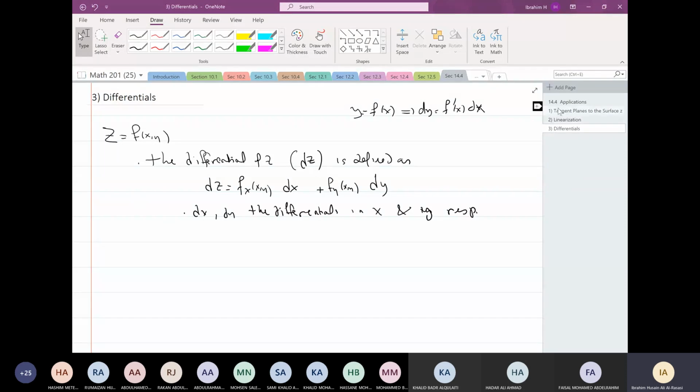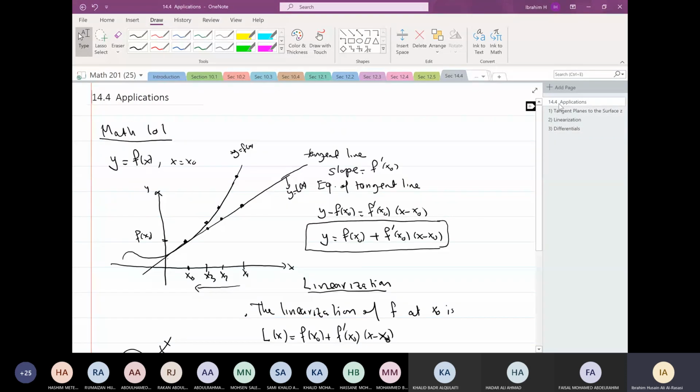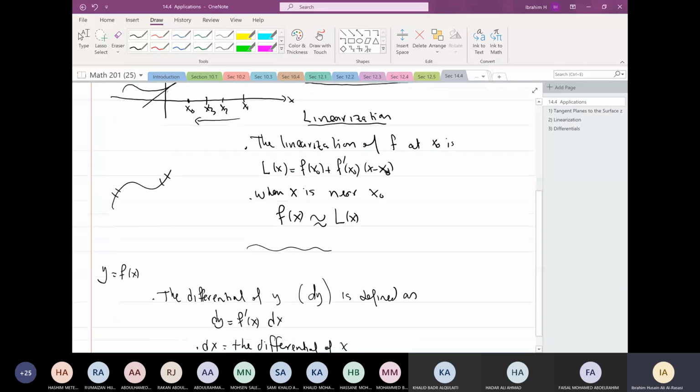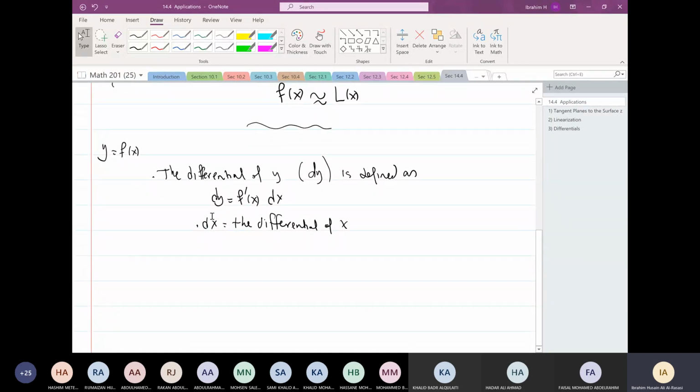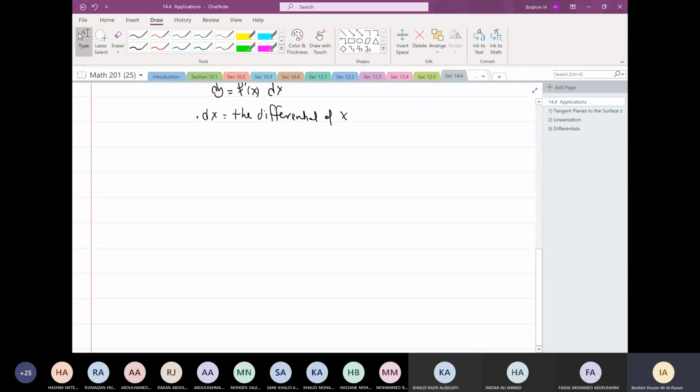Now we continue again. The main point here: what is the geometric meaning of this definition? What does it give us? What is the geometric meaning of the differential dy, and what is its application? This is what we will do next. We start with the geometric meaning, and for that, just pay attention here. You have a curve in the xy plane, this is y, and this is the graph.